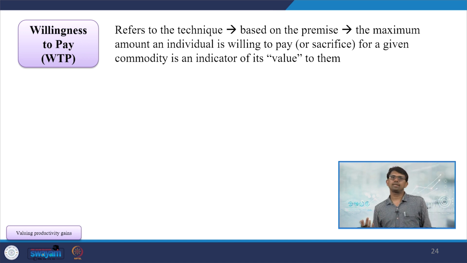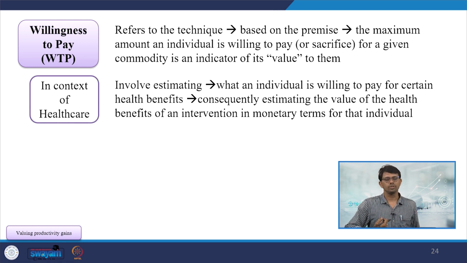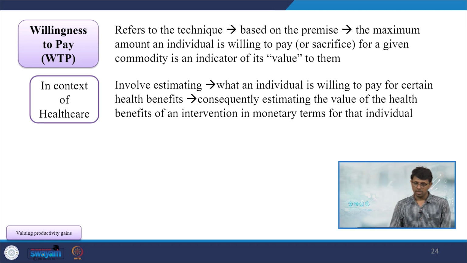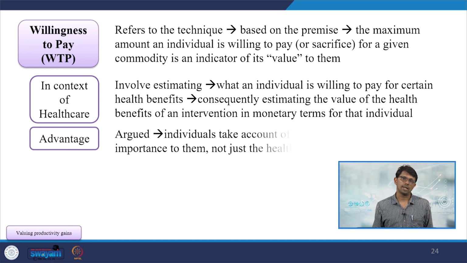So, the extent of sacrifice the individual makes is in fact the valuation for the service or the product, especially a healthcare service. In the context of healthcare, this involves estimating what an individual is willing to pay for certain benefits, consequently estimating the value of the health benefits of an intervention in monetary terms for that individual.